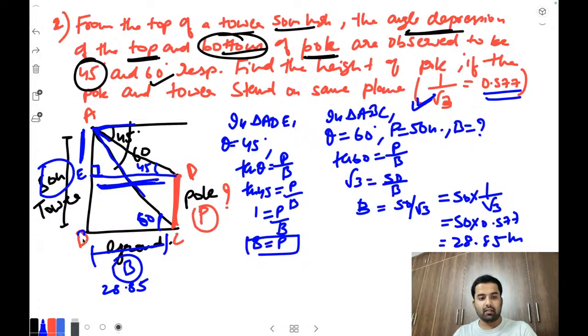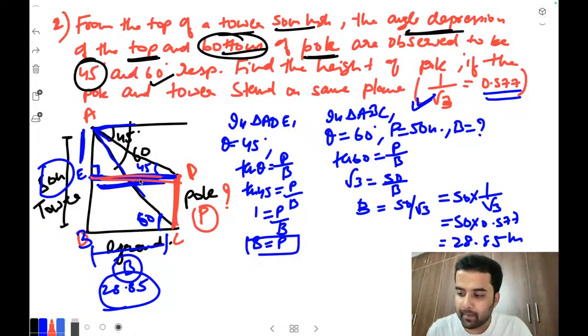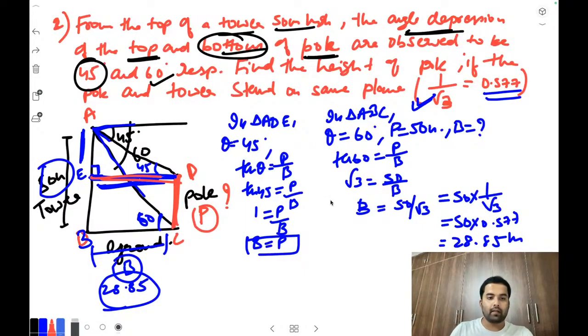Now check this out. If this BC is 28.85, can we say ED also is the same thing? We can say that, right? This also becomes the same. This red color becomes also the same, right?